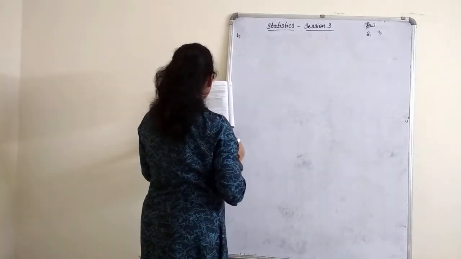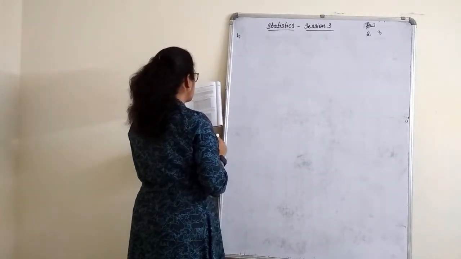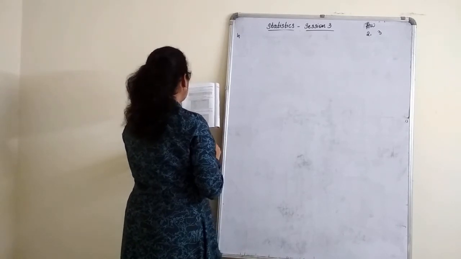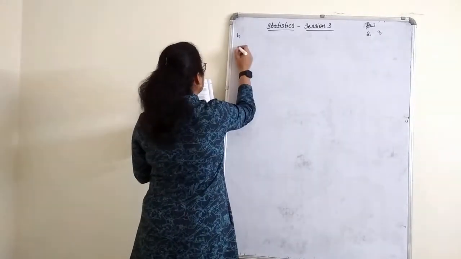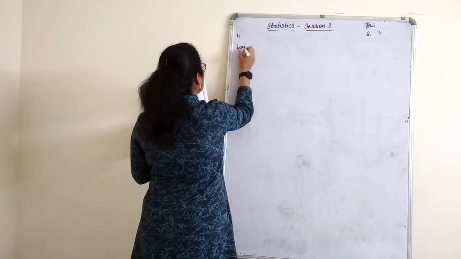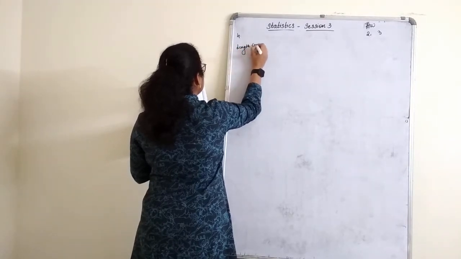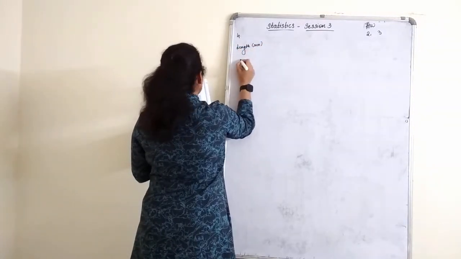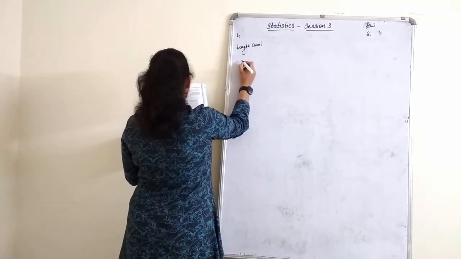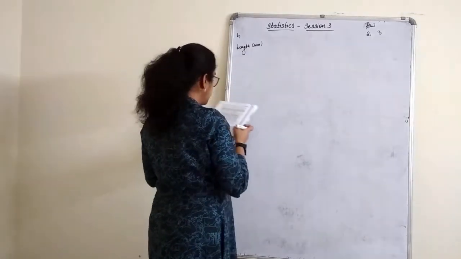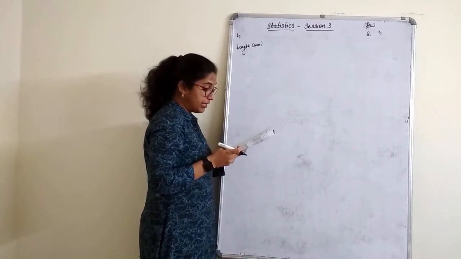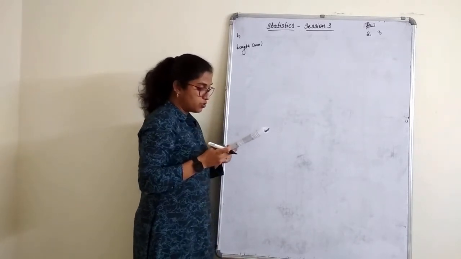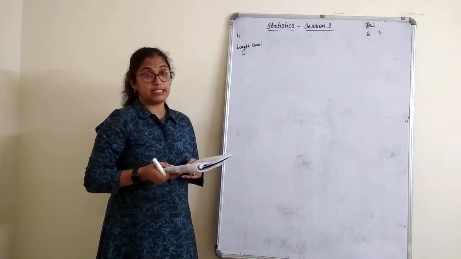Fourth one: the lengths of 40 leaves of a plant are measured correct to 1 millimeter and the data obtained is in the following table. So length in millimeter is 118 to 126, 127 to 135, 136 to 144, and so on, up to 172 to 180.